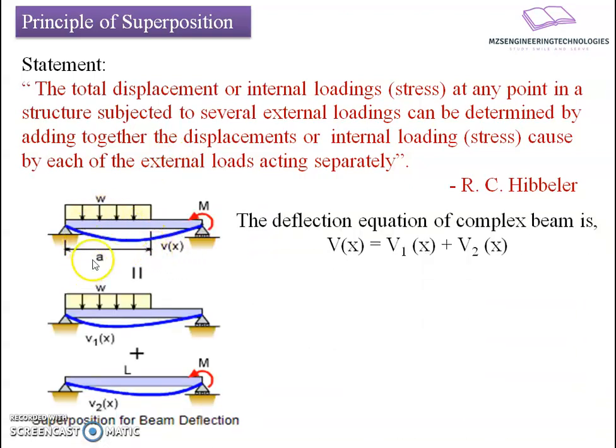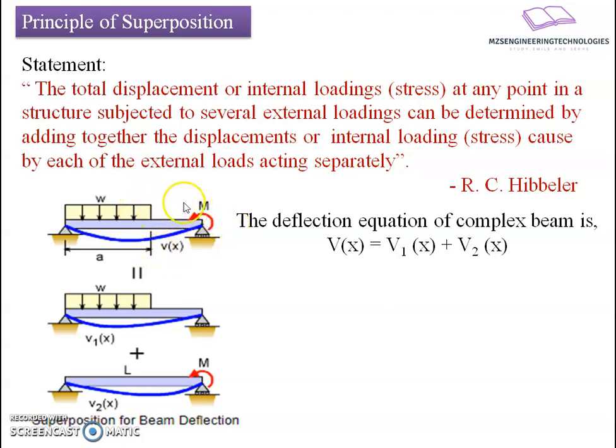Let us say the example beam is like this, which is subjected to a combination of loads, where the UDL is spread over a span of a, and the beam has length L, and the beam is subjected to a point moment also at one end. So these two loads are responsible for creating a deflection.